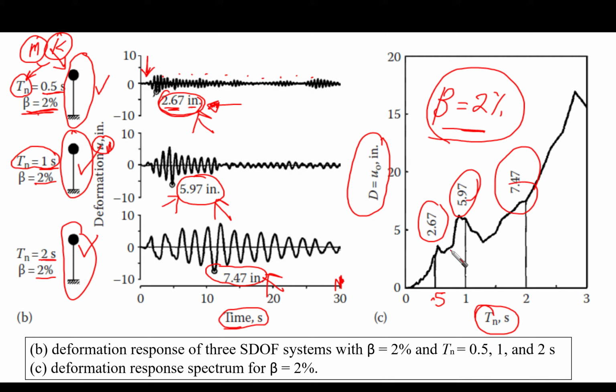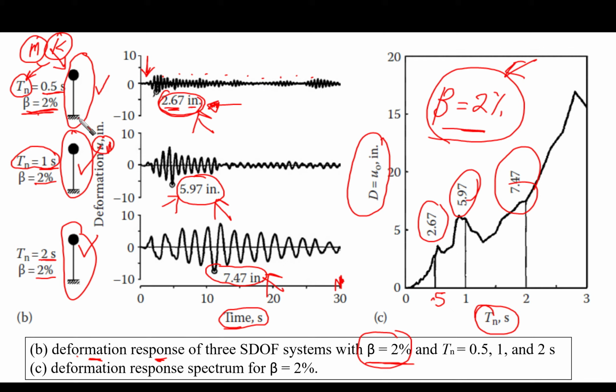Then we are going to conduct this for hundreds of degrees of freedom systems, and we are going to find the plot. This plot is going to be called the deformation response spectrum, with the damping ratio beta equal to 2%, because as I said, this is only for 2%.